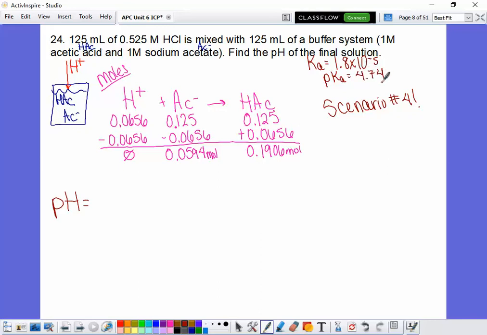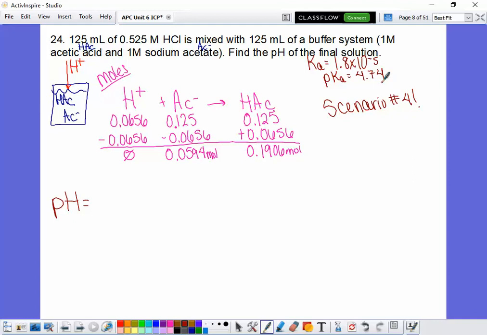4.74. Hey, what was the pH? Because the last problem was acetic acid. What was the pH before the buffer was invaded? 4.74, because we had equal concentrations of both components of my buffer.